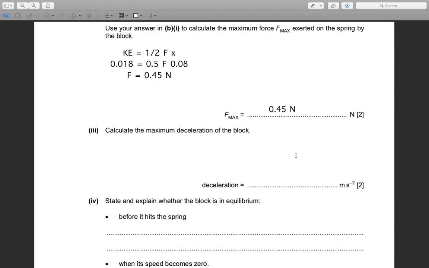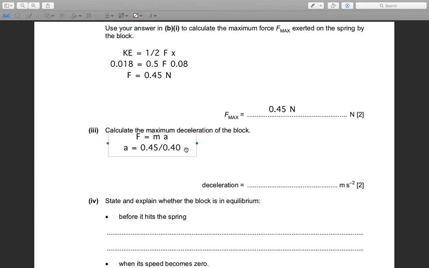If we use the formula of Newton's second law, F equals ma, we have F is 0.45, so we get 0.45 divided by mass, which is 0.40.